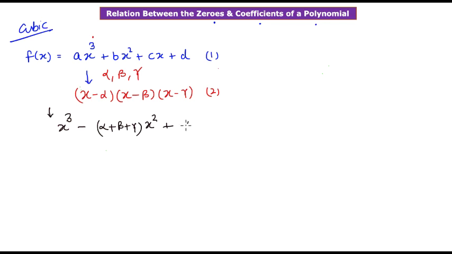Then you have the product of 2 zeros taken at a time and the sum of them, right? So it will be alpha beta plus beta gamma plus gamma alpha, and that goes in the coefficient of x. And finally you have simply the product of the 3 zeros, and that goes as the constant in this polynomial, right? So this is the third form.